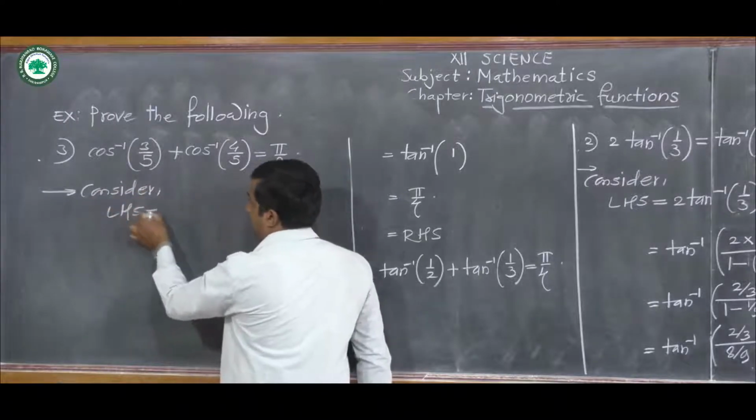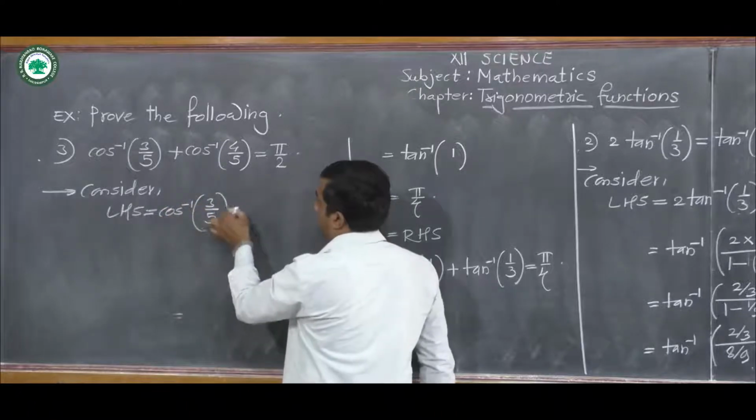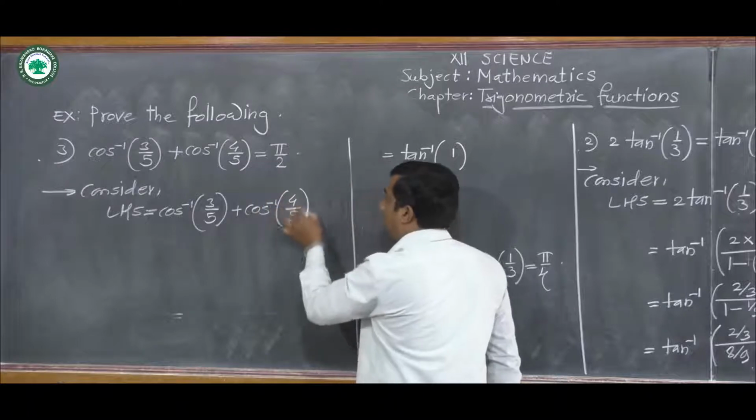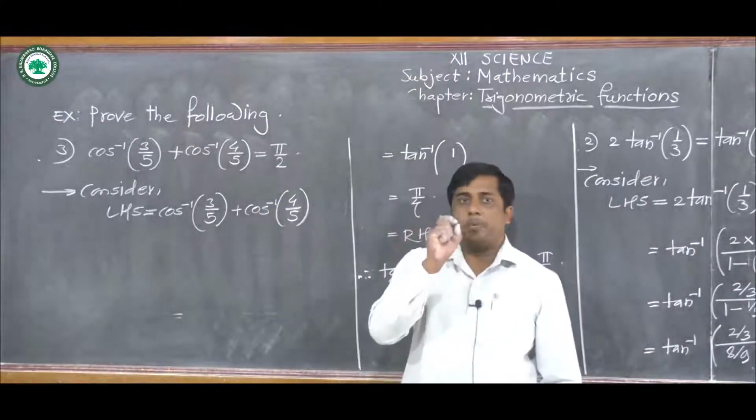Consider LHS. Here in LHS we are given cos inverse of 3 by 5 plus cos inverse of 4 by 5. Now we know one property.